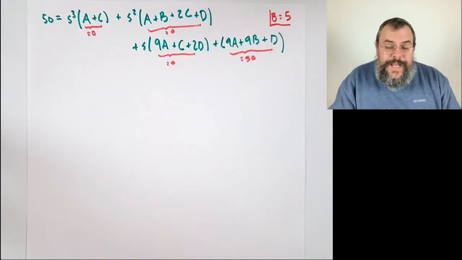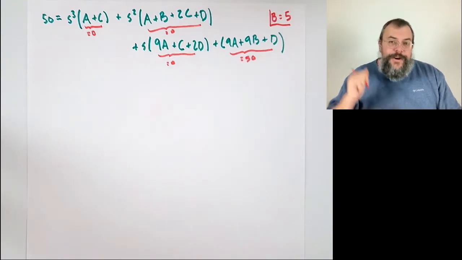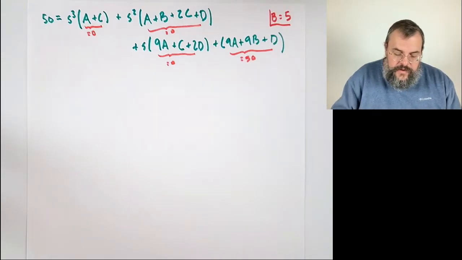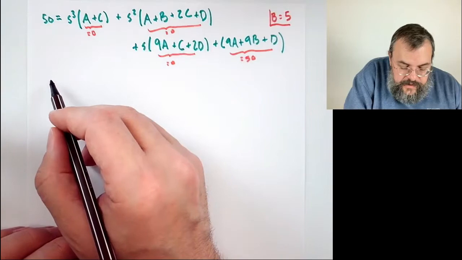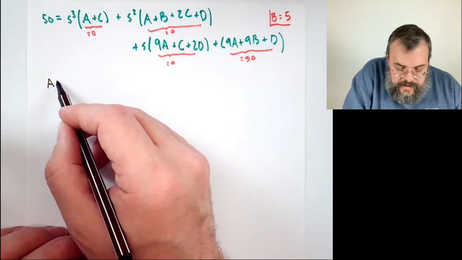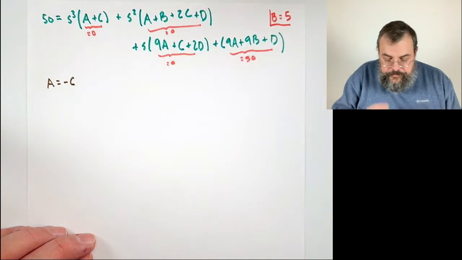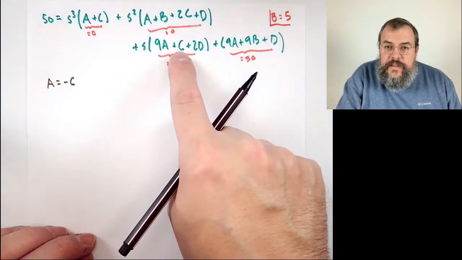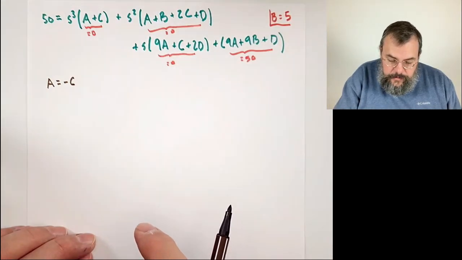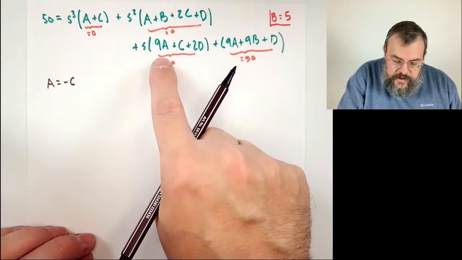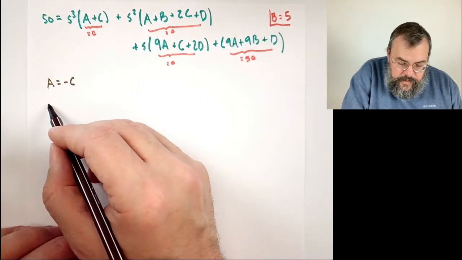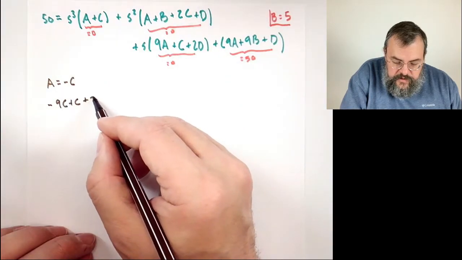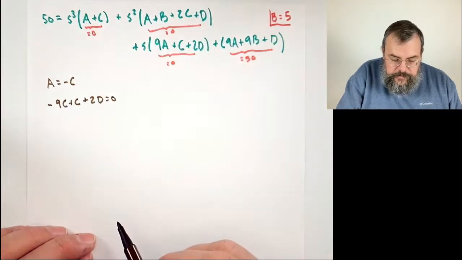So we're 1/4 of the way there. Woohoo! But actually, that helps us a lot. So for instance, we can say now that a has to equal negative c. Now, notice this equation. That only involves a, c, and d. So what does that one tell us? Well, if a equals negative c, we have minus 9c plus c plus 2d has to equal 0.